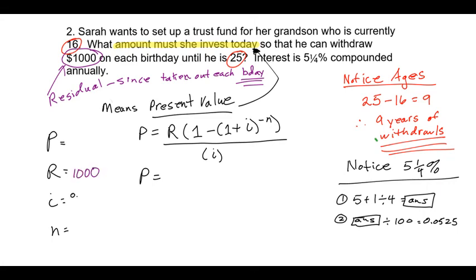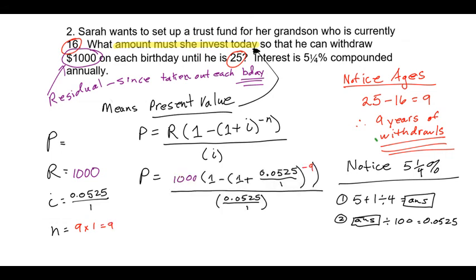So we're going to get 0.0525 divided by, because it's annually, we're dividing by 1. Now, as for the N value, we can figure that out because we already know how many years there were. We said that there was 9, so we're going to take 9 and multiply that by 1 to give us 9. And now we substitute appropriately.